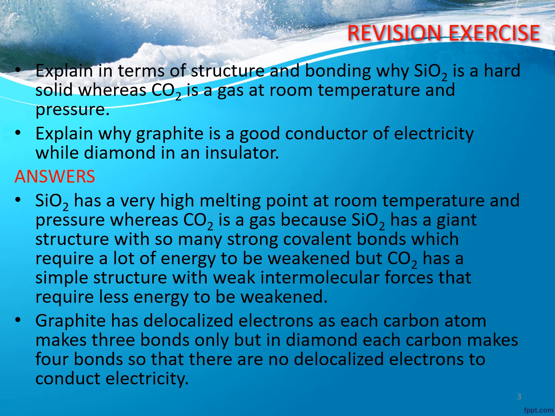We have seen that giant structures have so many strong covalent bonds resulting in a three-dimensional structure which requires a lot of energy to be weakened and melt the substance, while substances like carbon dioxide, which have simple molecular structures, have weak intermolecular forces which are very easy to weaken and melt the substance.